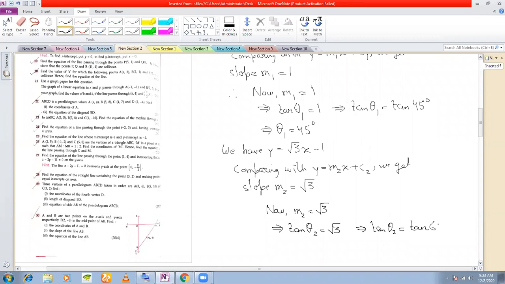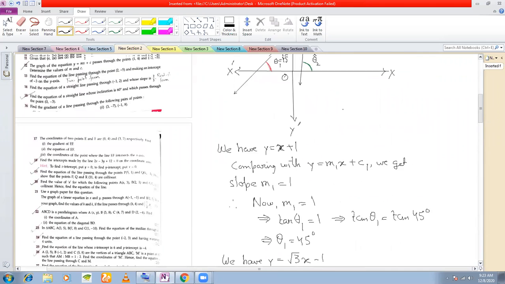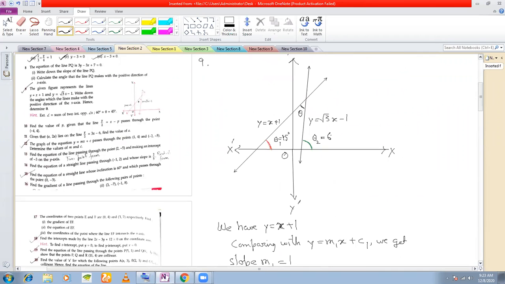Tan of 60 degrees. That means theta 2 is 60 degrees. So we have got this angle to be 60 degrees. Okay. Now how do we find out theta with the help of these two angles? That is the next question. Hence determine theta. How do you find out the angle theta?